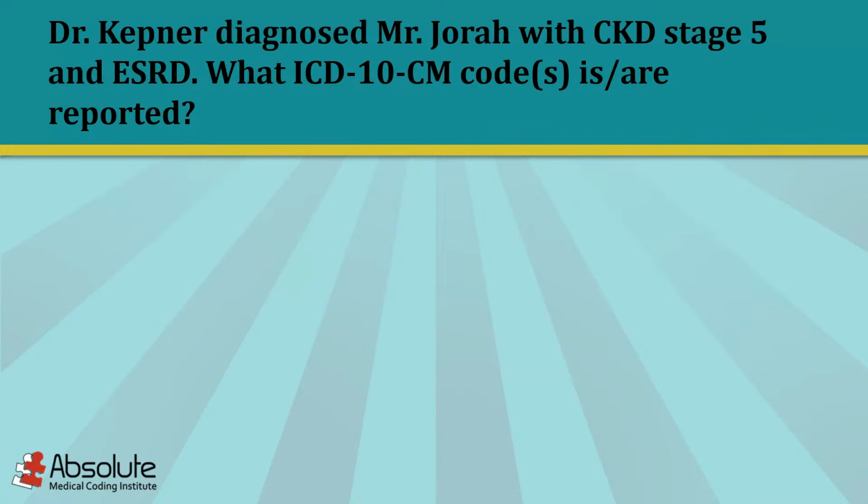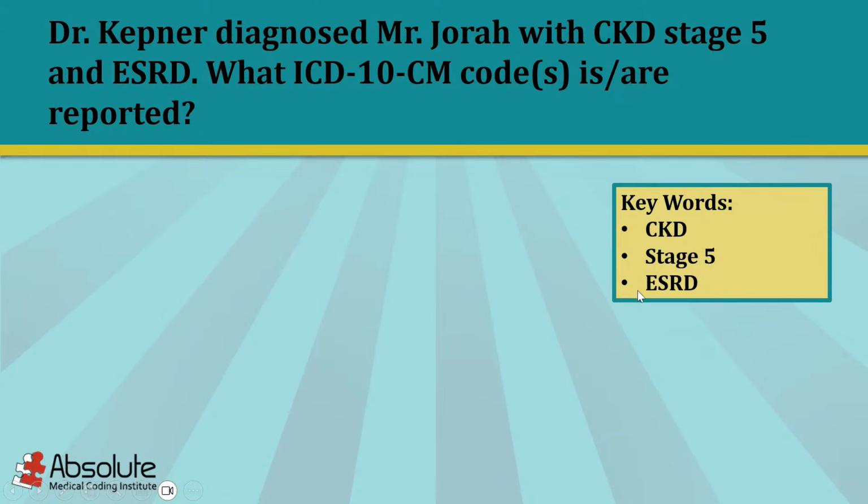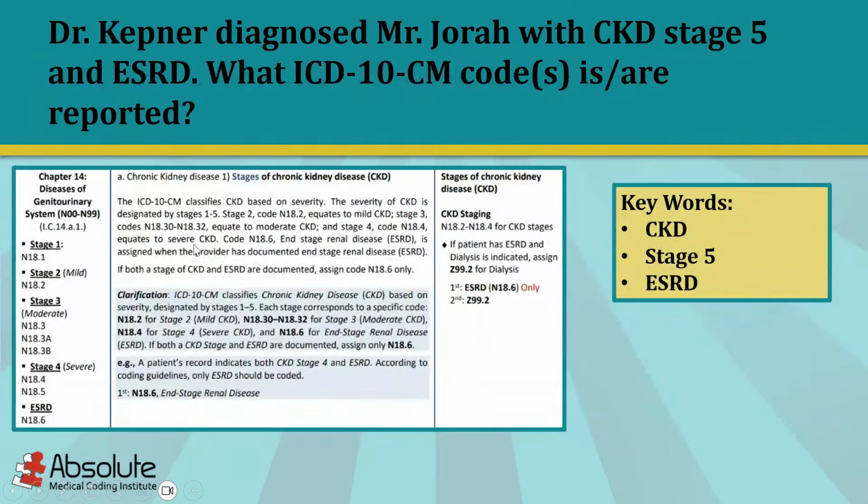Diagnosed with chronic kidney disease, stage 5, and ESRD. So, we are taking out our chronic kidney disease, stage 5, and our end stage renal disease. As everyone put, this is going to be our guideline. This is taken straight out of the MCG manual.